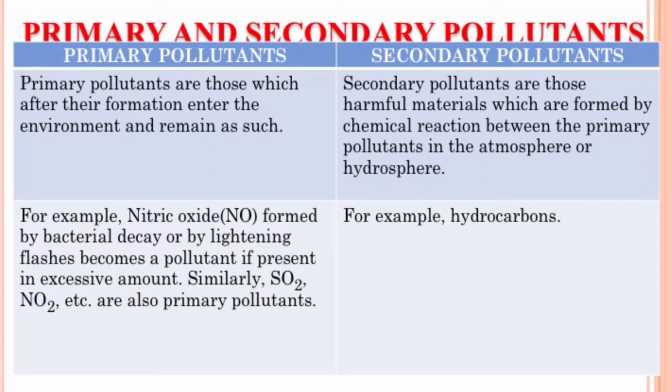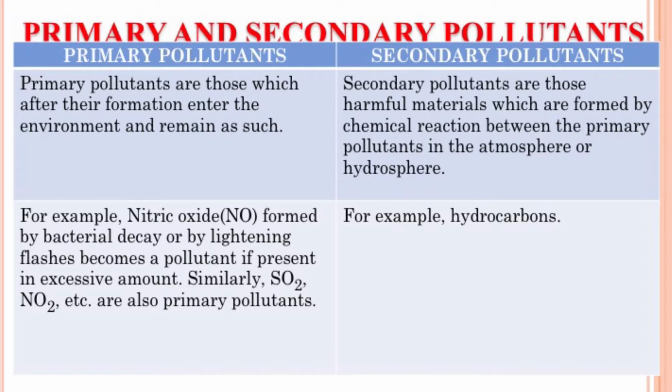Primary pollutants are those which after their formation enter the environment and remain as such. For example, nitric oxide, which is formed by bacterial decay or by lightning flashes, becomes a pollutant if present in excessive amount. Similarly, sulfur dioxide, nitrogen dioxide, etc. are all primary pollutants.